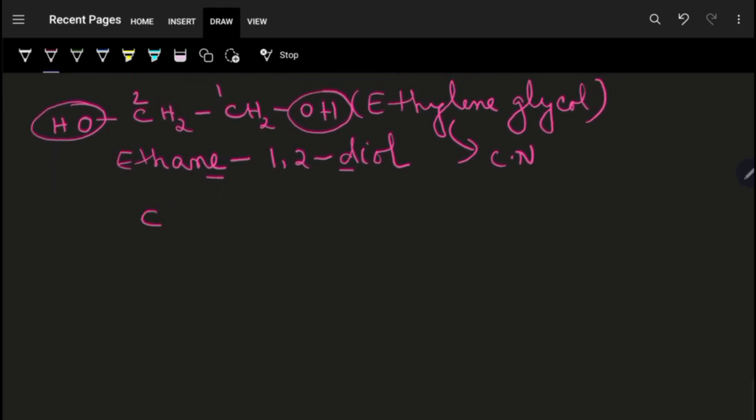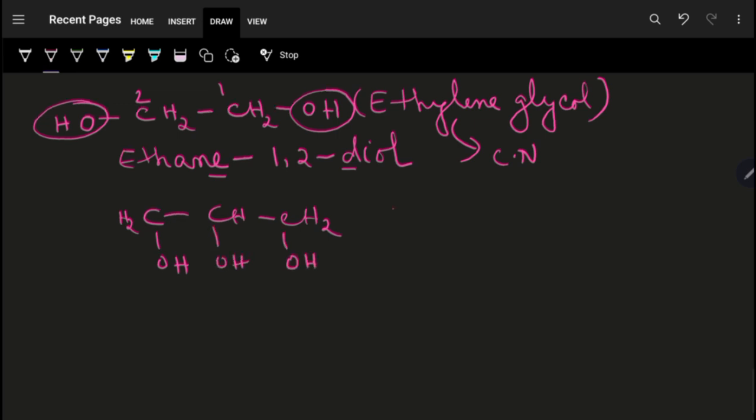So let us see another one. This will be CH, okay, so now CH2. Why? Because I am adding 1, 2 and 3 OH groups. The common name is glycerol.